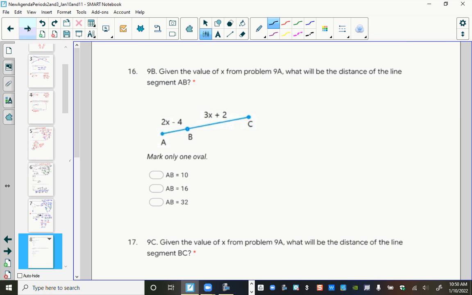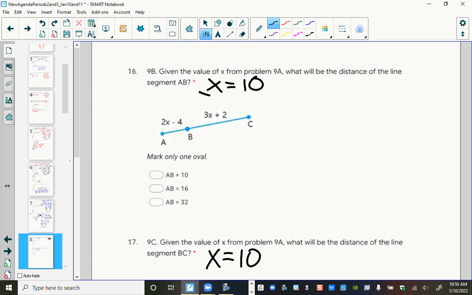Now the next two, you can just try on your own. You just substitute. I'm not going to go over this part as much. Just write X is 10, and you're just going to substitute.